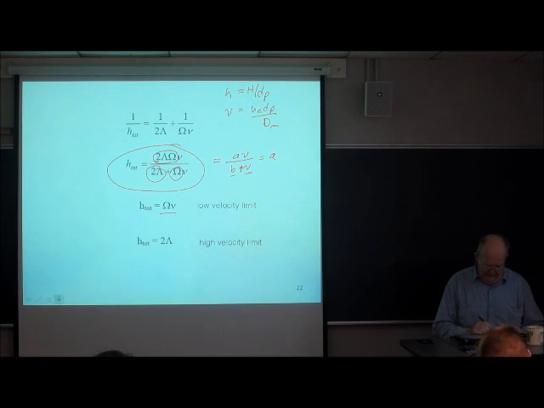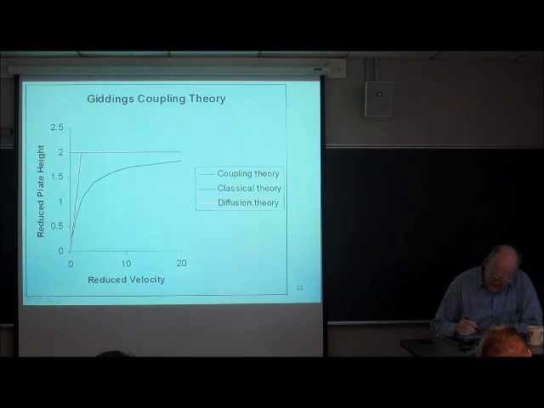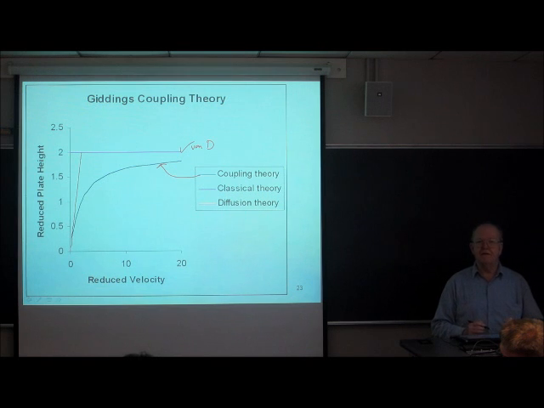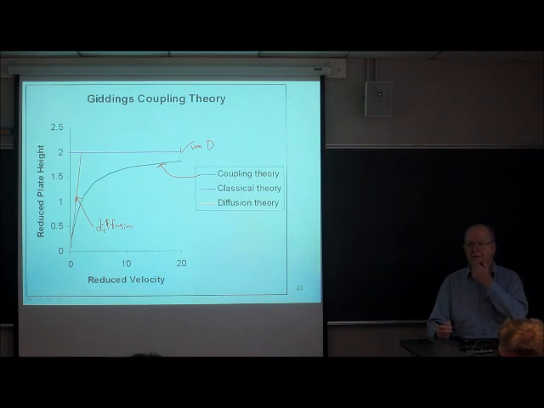If I plot that up, that's the coupling theory there. Low velocity, it's proportional, it curves over, and then it eventually becomes flat. Here's the classical theory, the Van Deemter. Just a flat line. And here's the diffusion theory, or the diffusion model.